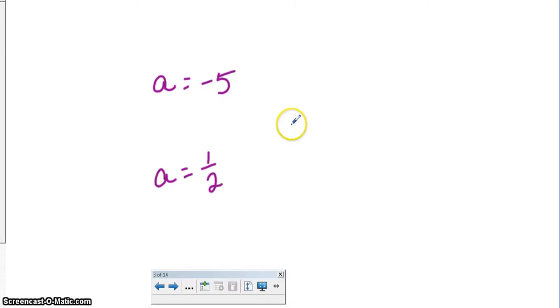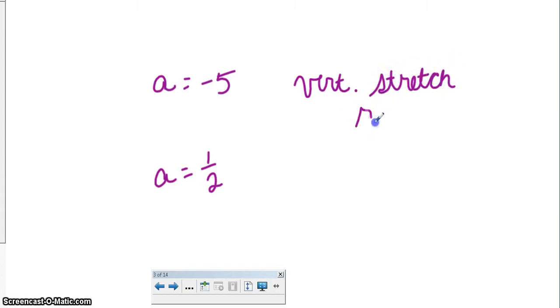So if you think about the absolute value of negative 5, you're thinking about just the whole number 5. So the whole number 5, hopefully you're remembering this, should be a vertical stretch. And basically the negative is just telling you that it is reflecting over the x-axis.